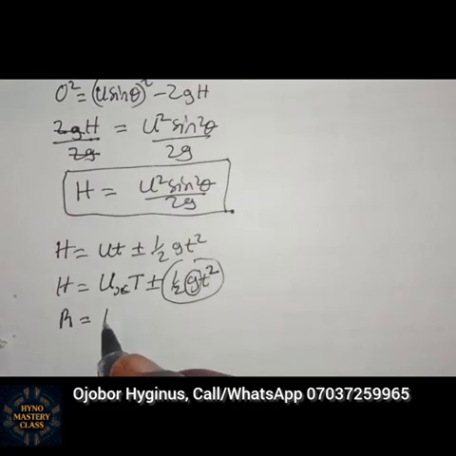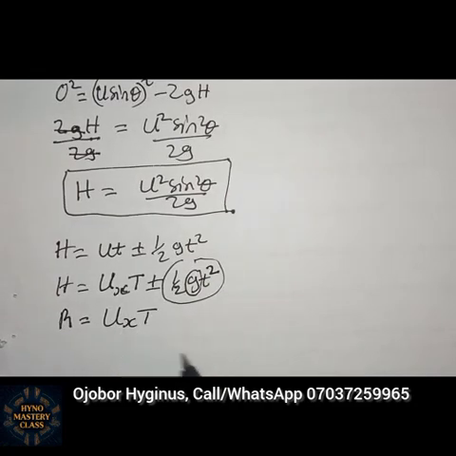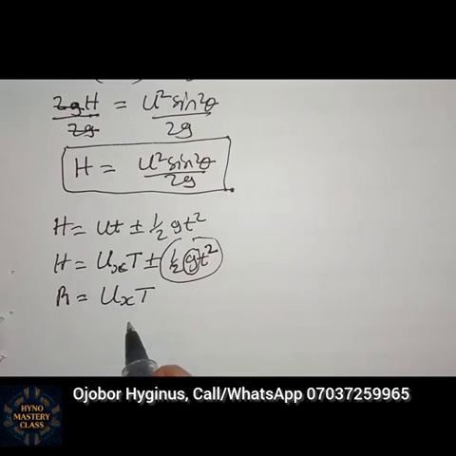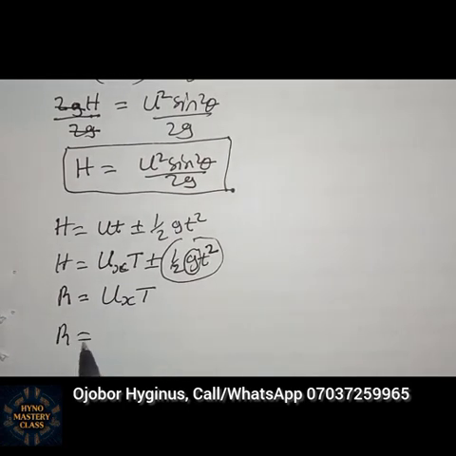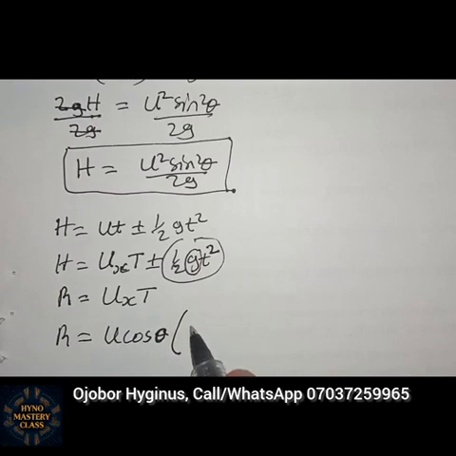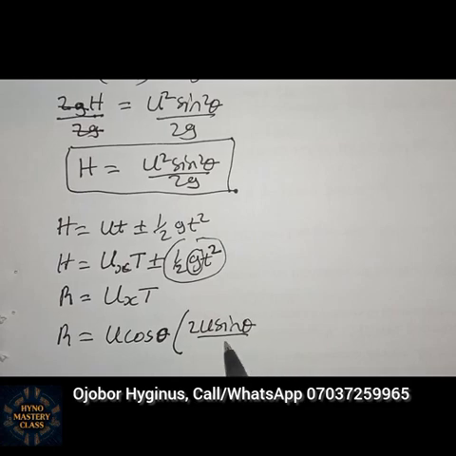So we have that r is equal to ux t, just like we got when a body is projected horizontally. But you know that for ux, we are going to get the horizontal component. If you resolve u to the horizontal, you have u cos theta. And remember, we have already gotten the time of flight to be 2u sin theta all over g.